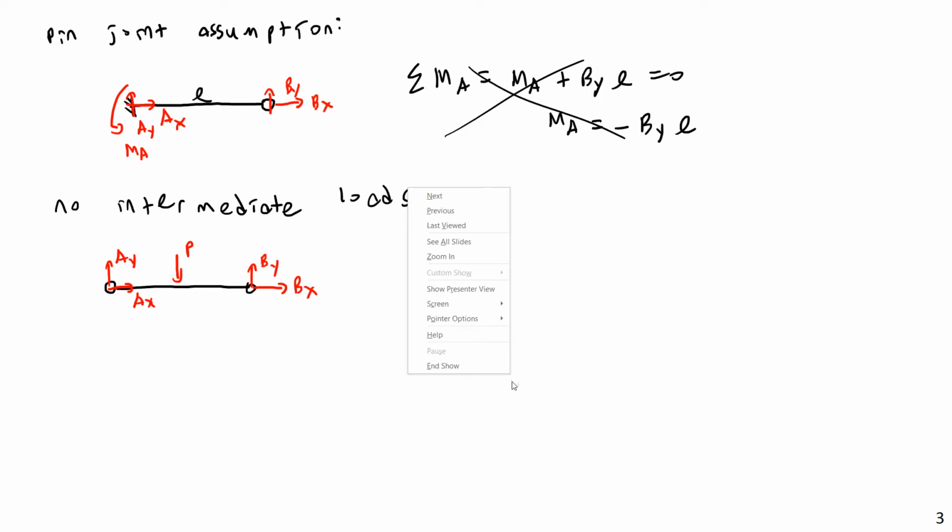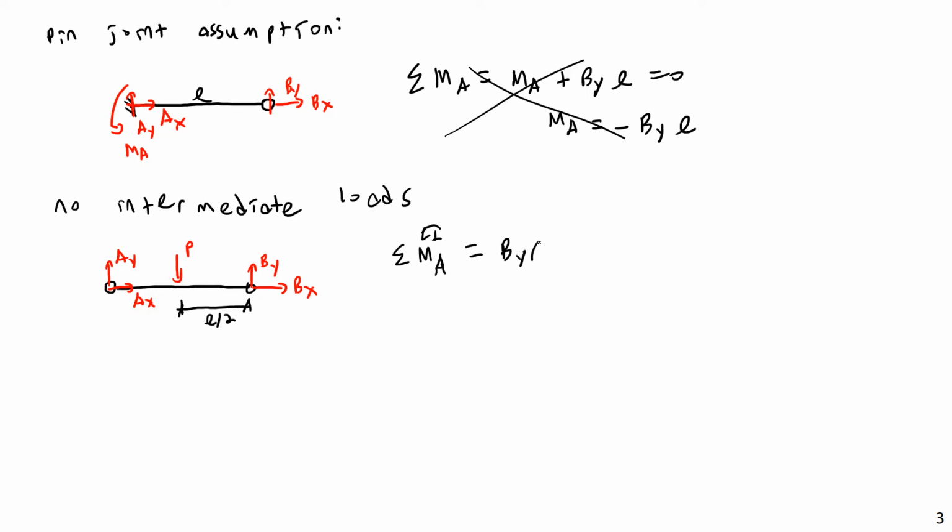Well, look what happens when I try moments now. And let's just say for convenience right now that P is applied at the middle or something like that. So let's say this is at L/2. Well, if I do a sum of moments about point A now, I will still have the BY times L, but now I will have minus PL/2.